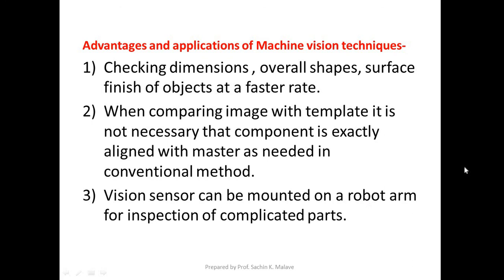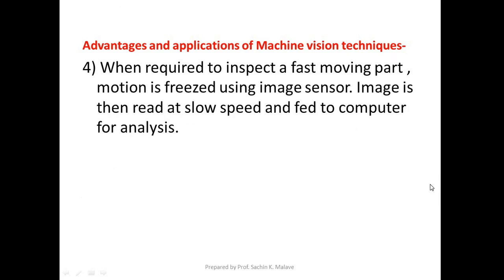That is another advantage. Now when required to inspect a fast moving part, the motion can be frozen using the image sensor. The image is then read at slow speed and fed to the computer for analysis.